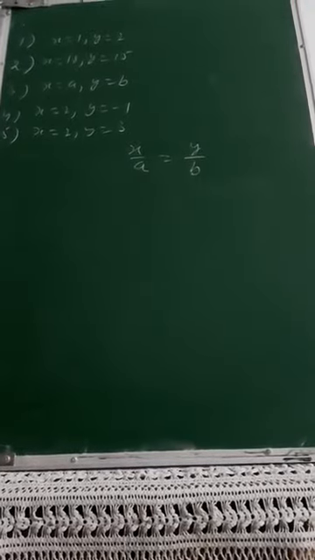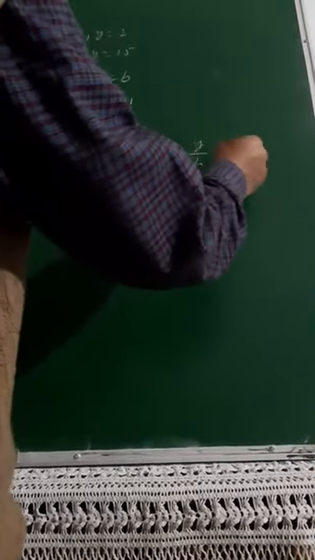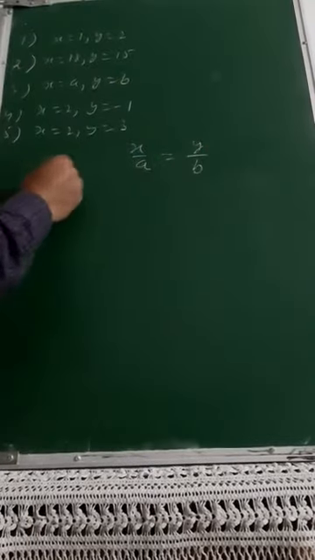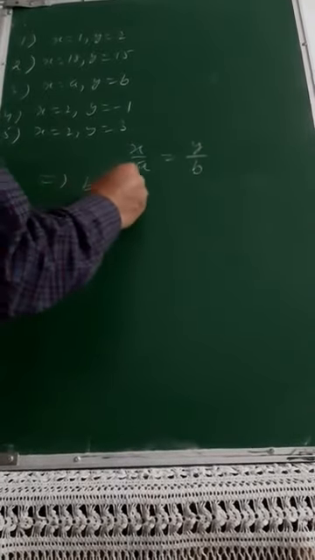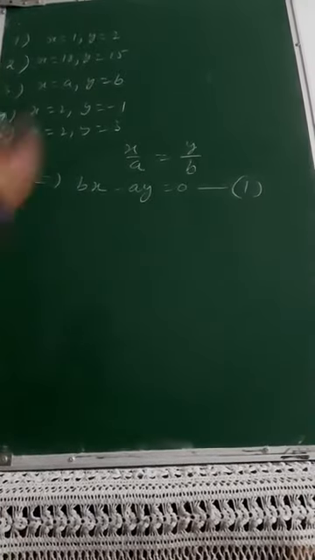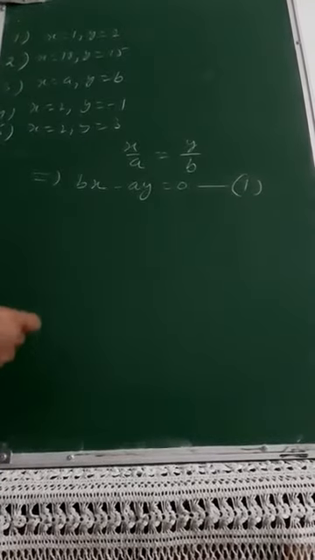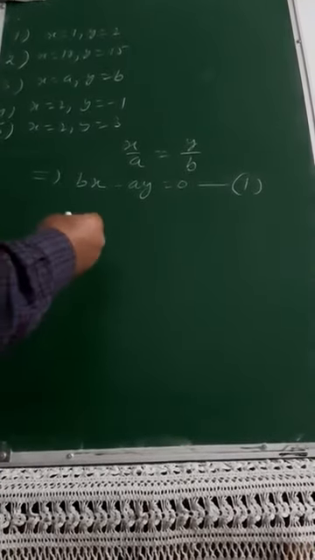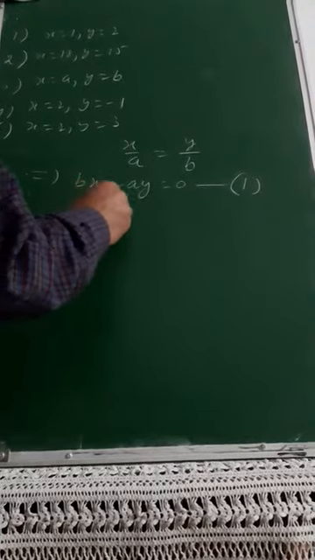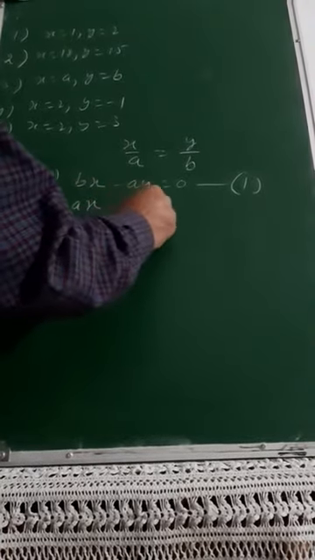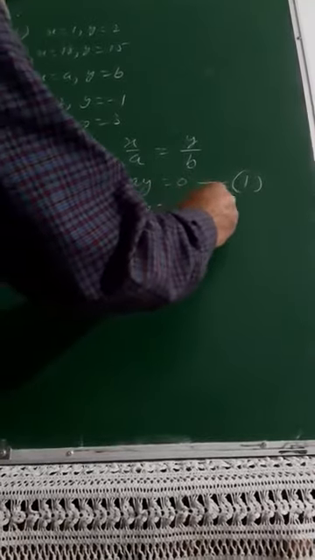So the first equation given to you was x upon a is equal to y upon b. If I do the cross multiplication, what do I get here? bx minus ay is equal to 0. This is my equation number 1, lying in the standard form. The second equation was already in standard form and that was ax plus by is equal to a square plus b square.